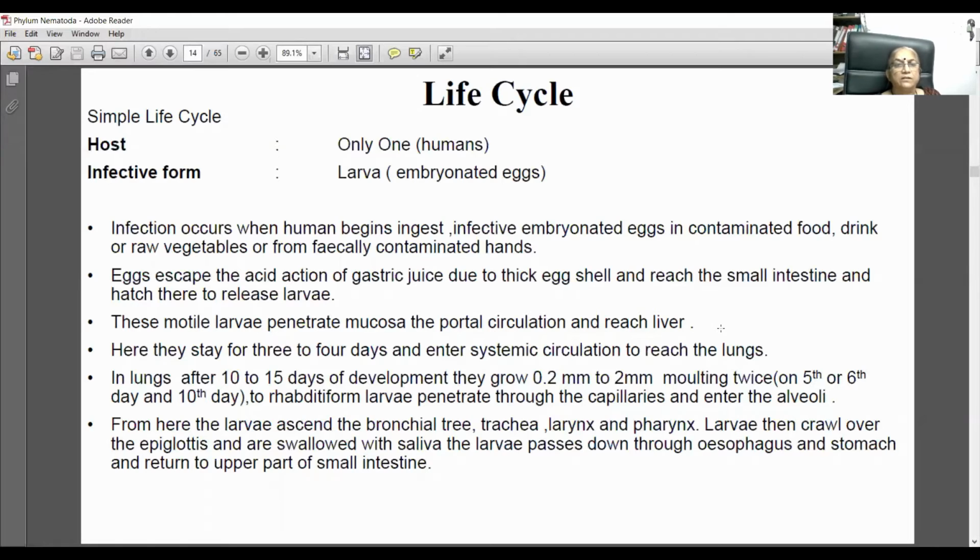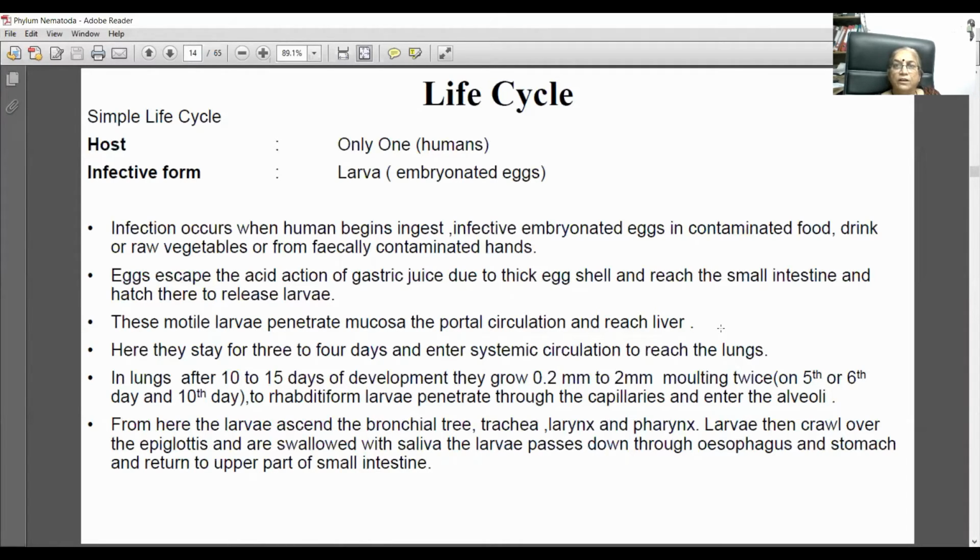Now, infection occurs in human beings only when the embryonated eggs are ingested. The ingestion of these eggs is through contaminated food, drink, raw vegetables, or fecally contaminated hands. So, in the introduction, I had told you, if you remember, that hygiene is an important thing required to stay away from infections.